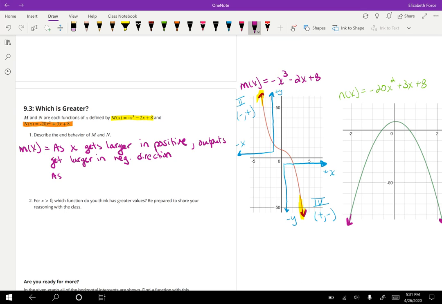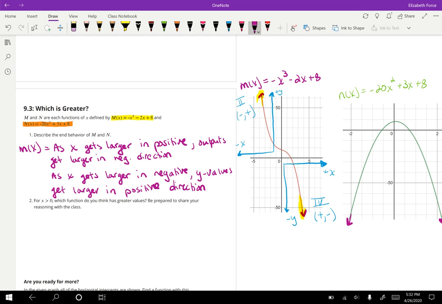So as x gets larger in the negative direction, your outputs, you could even just say y, the y values get larger in the positive direction. So that's just for m of x.